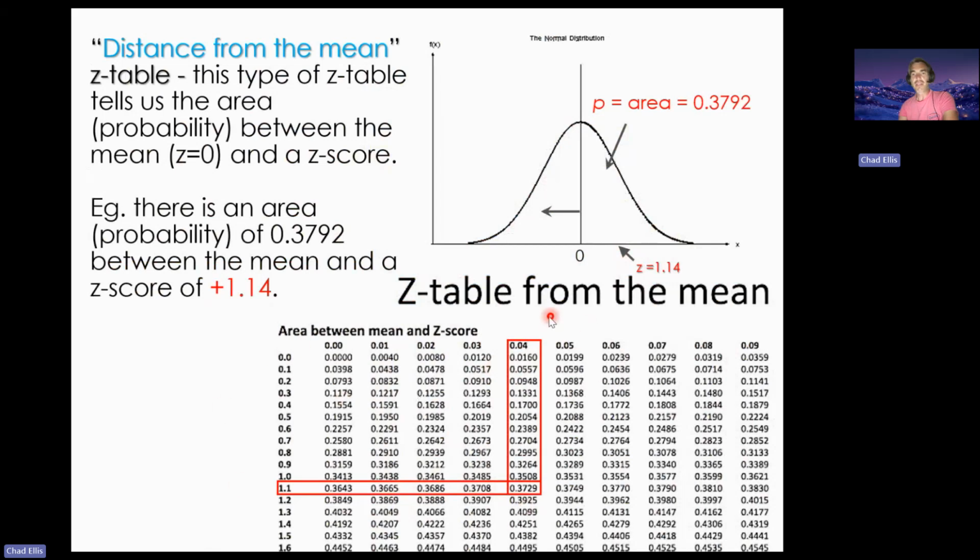I use the table in the same way because I'm just concerned about the area underneath the curve going out from a z-score of 0. So same kind of idea, but now my z-score is positive, and I get the same result because it's basically the same area away from the mean itself.